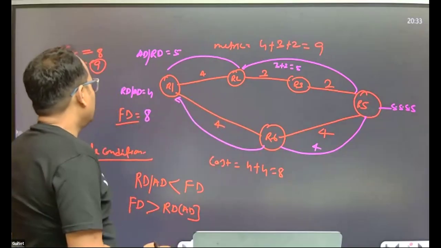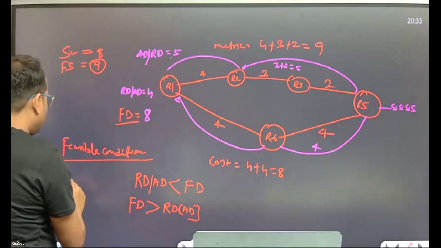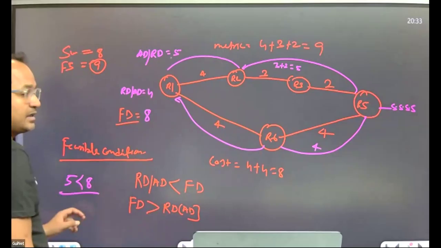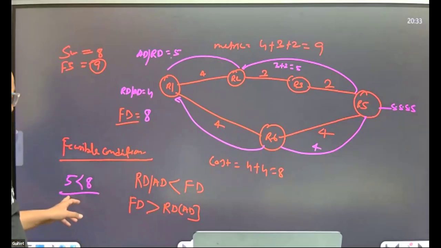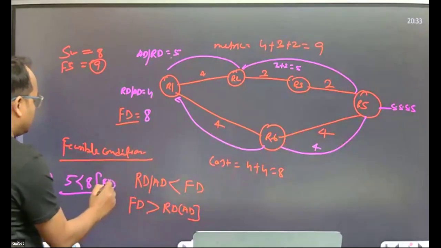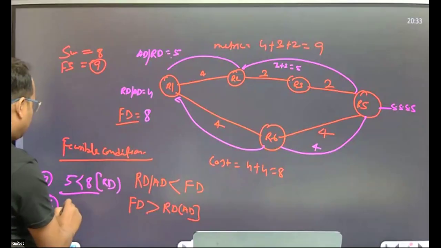Now you see that in this router we have two reported distances, advertised distances, one from R2 and one from R3. If you compare, this value 5 is less than 8, or lower than 8. Can you tell me, guys? Less than, right? This is via R2. And via R3, what is my total reported distance? 4.